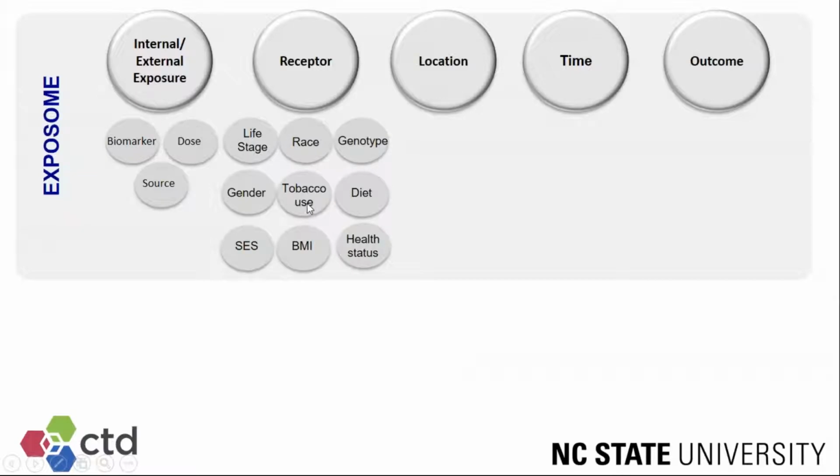EXO, as I mentioned, was talked about a few times, but I'll just take you back in time a little bit. We were approached because at the time, CTD was really one of the only environmental chemical focused databases out there, and the exposure community got in touch with us and said, hey, can you incorporate this information?